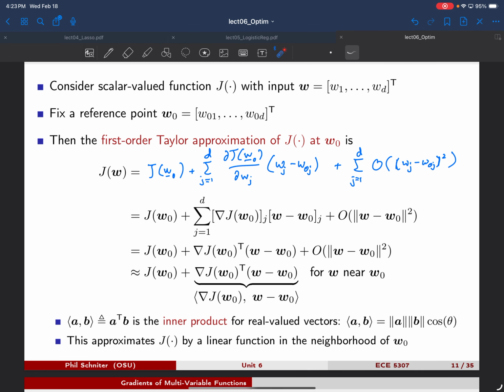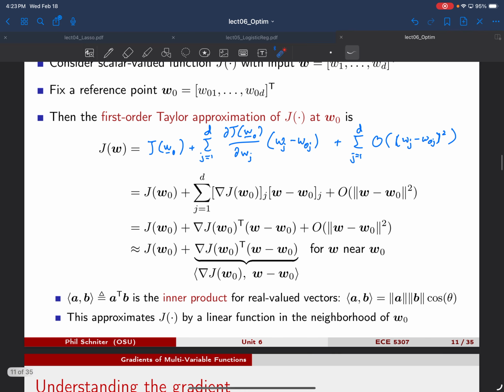The very last thing we can do is we can take the approximation, which means we get rid of this big O term, and then we can rewrite this using slightly different notation. This is the inner product notation, the official inner product notation with the angle brackets.